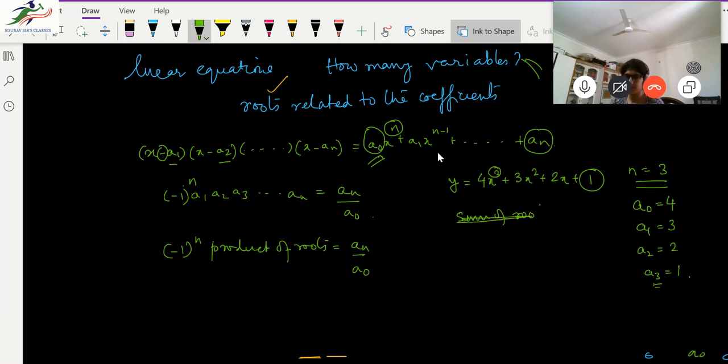Now let us name the roots. Let the roots be alpha, beta, and gamma, right? So alpha plus beta plus gamma would be how much?